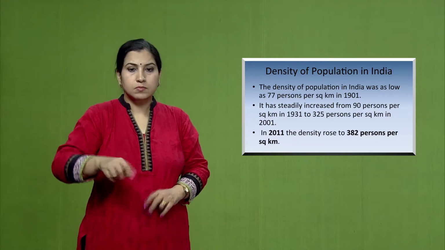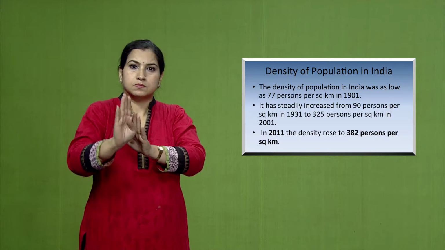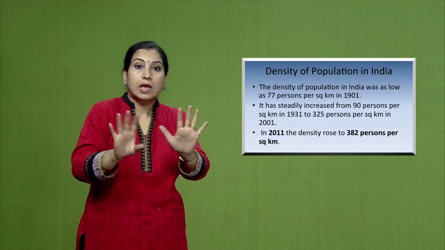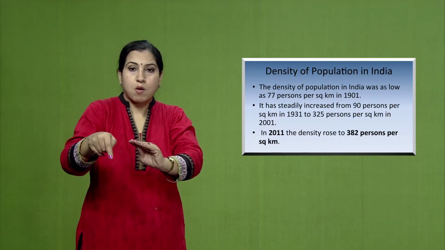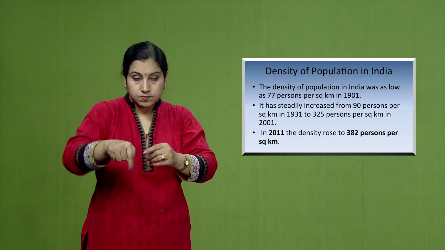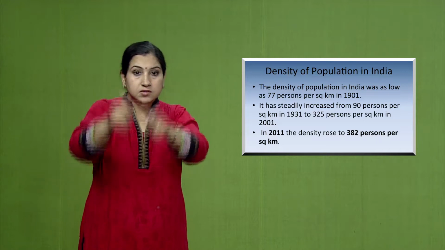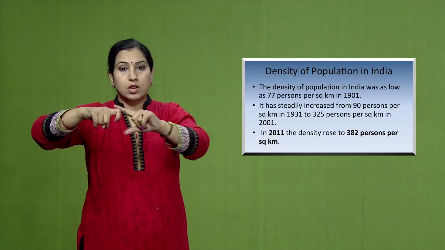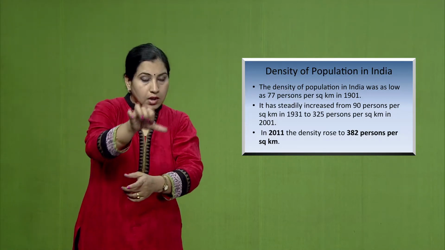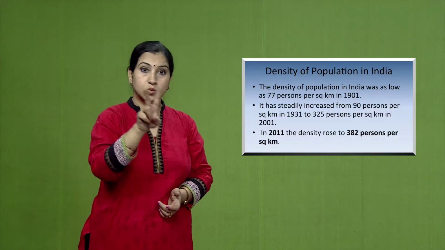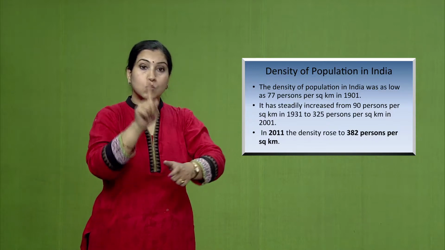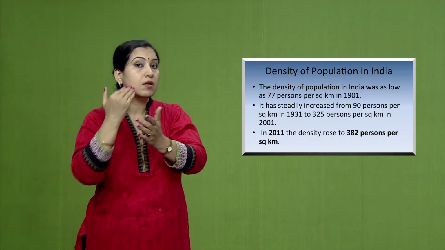It has steadily increased from 90 persons per square kilometer in 1931 to 325 persons per square kilometer in 2001.